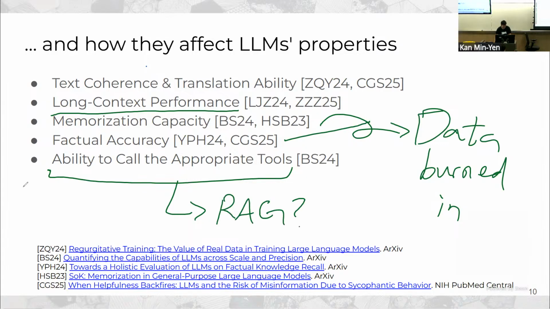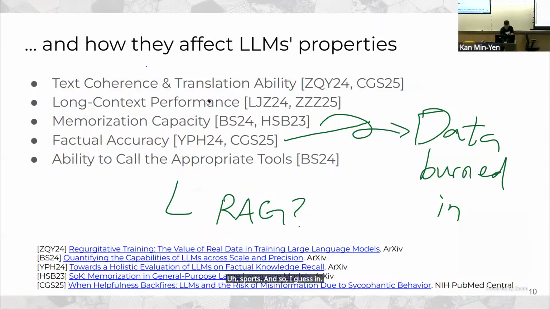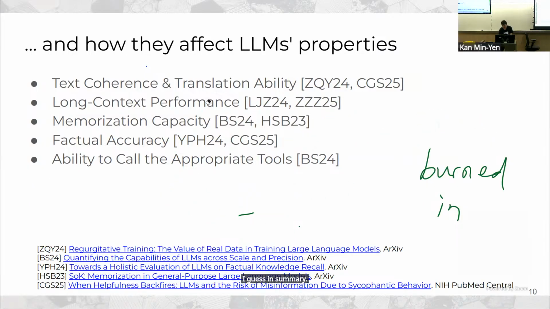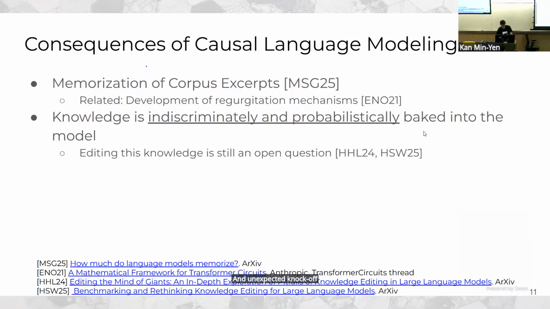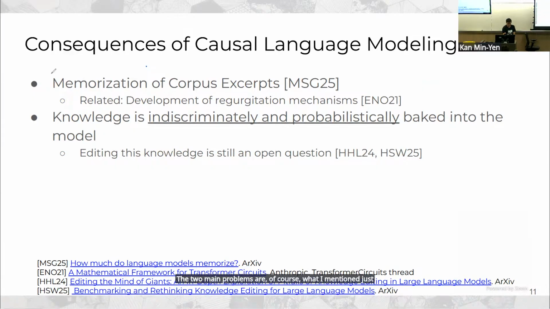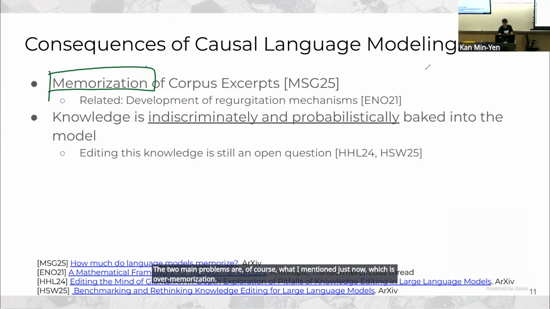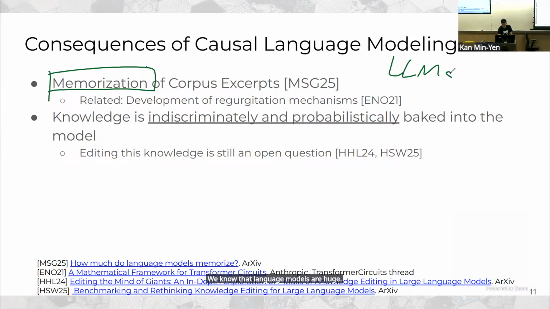And so I guess in summary, we're looking at a really complicated process and unexpected knock-on effects that result in two main problems. The two main problems are, of course, what I mentioned just now, which is over-memorization. We know that language models are huge by definition.